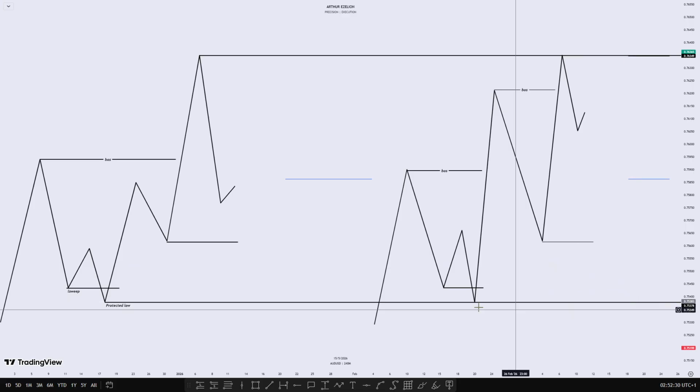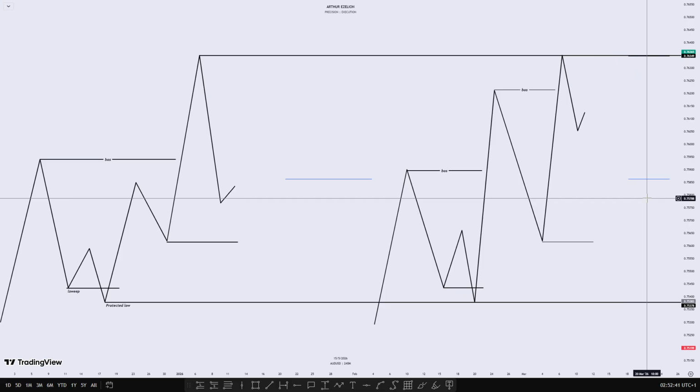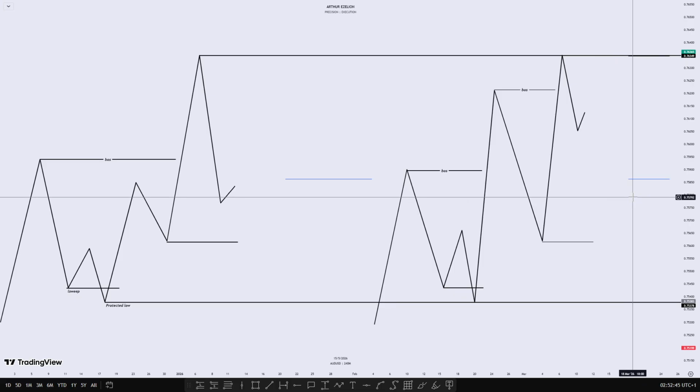Now we can mark the low as our protected low, mark the high as our low resistance liquidity run, and draw our fib from this high to this low. Do you understand? I believe this is clear, but don't worry, I'm going to give you a couple of live examples, and this is going to make more sense.